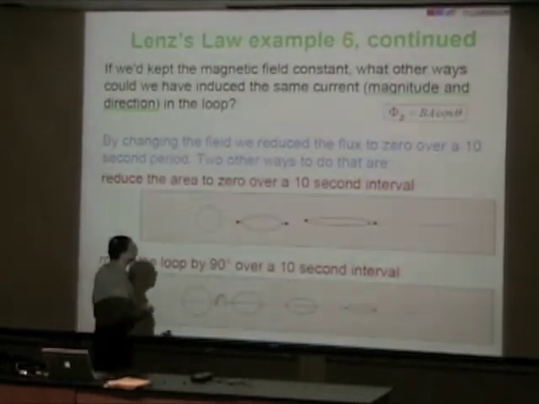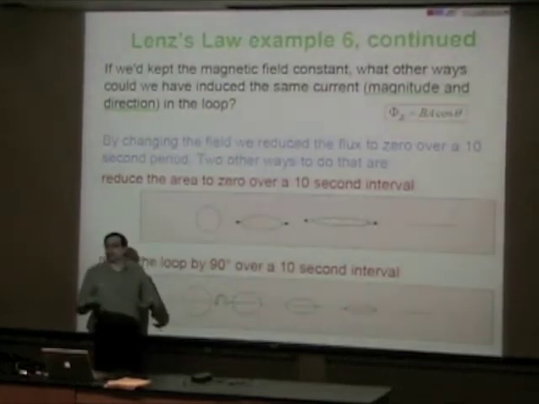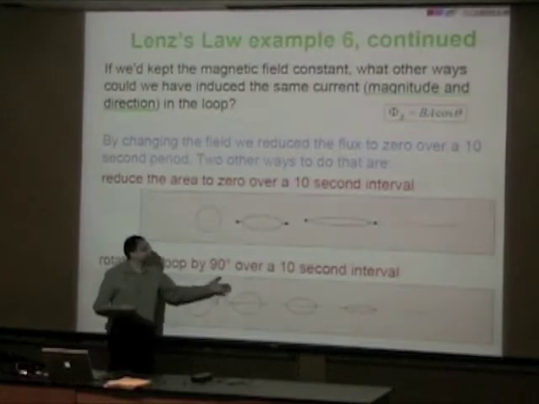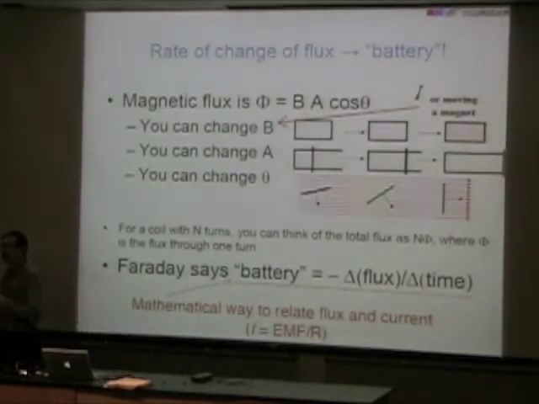And in that situation, changing flux generates induced magnetic field, induced current. And it doesn't matter what is the actual reason for change. Magnetic field changes, area changes, angle changes. As long as the flux changes, there is a current.